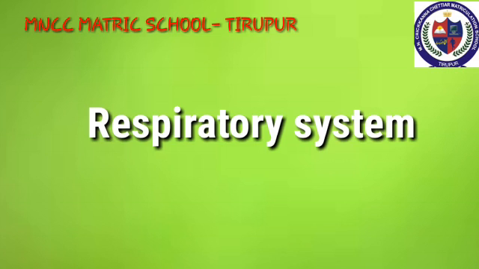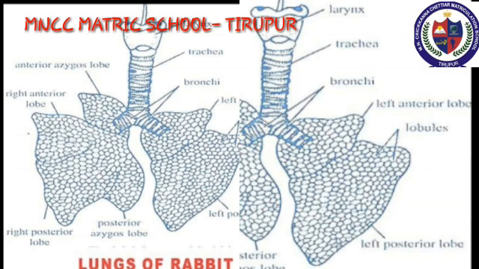Next one, respiratory system. Respiration takes place by a pair of lungs. Each lung is enclosed by a double membranous pleura. The anterior part of the windpipe is the larynx or voice box. The larynx leads into the trachea or windpipe.